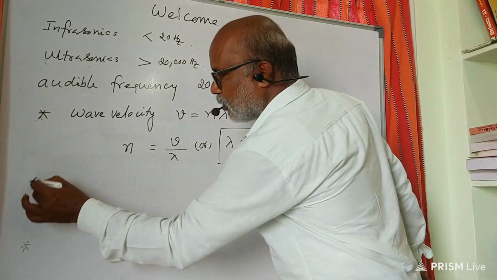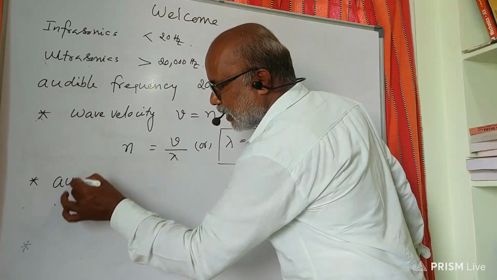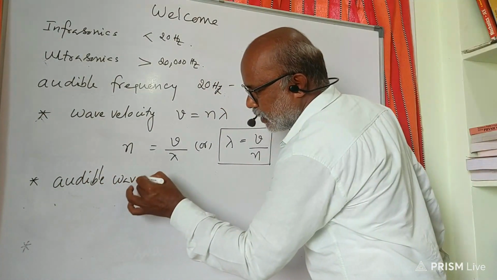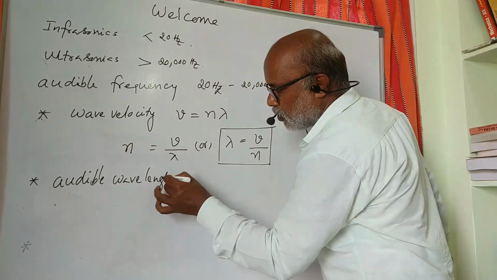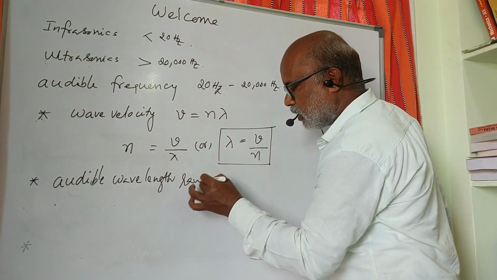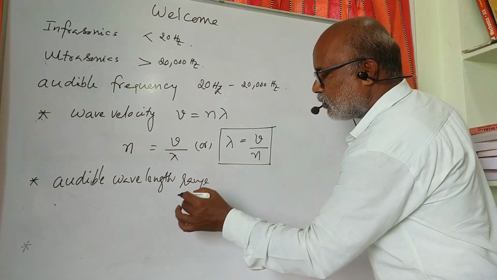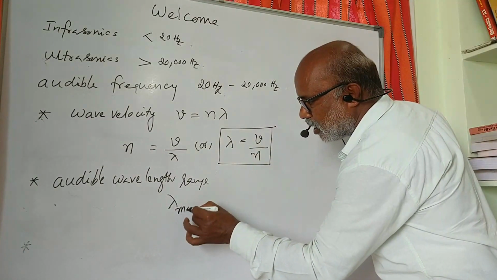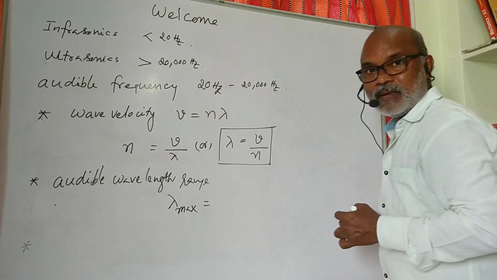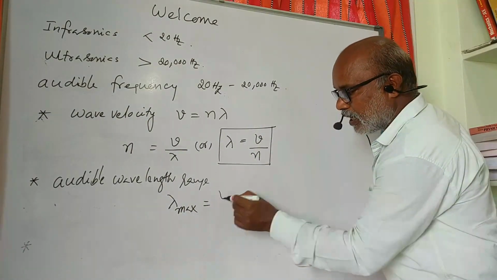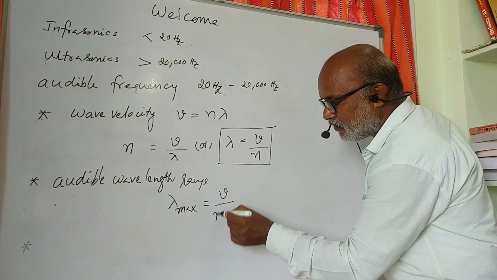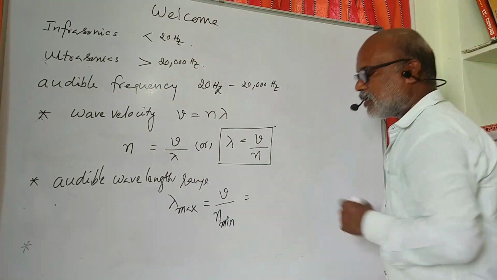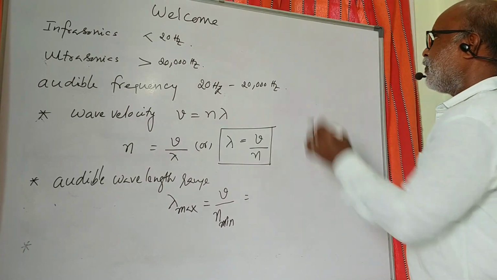So I want to find out the audible wavelength range. I want to find out what is the maximum wavelength that is audible. The maximum wavelength that is audible can be written as V by the minimum frequency. What is the velocity of sound generally?